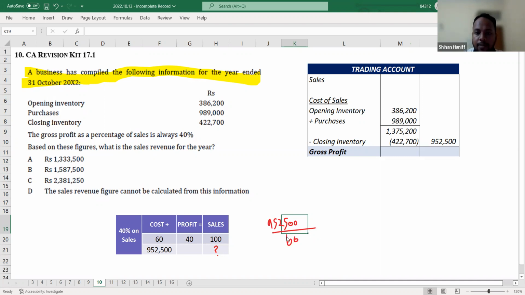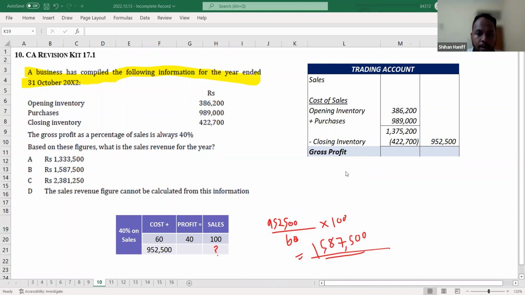So divide by 60, multiply by 100. 952,500 by 60. 1,587,000. Okay, right.